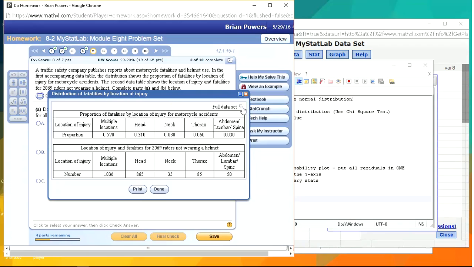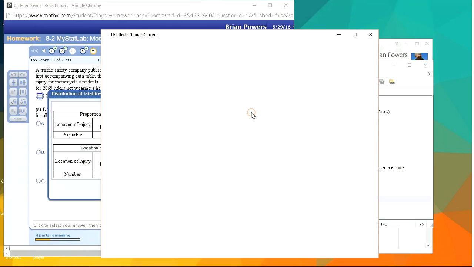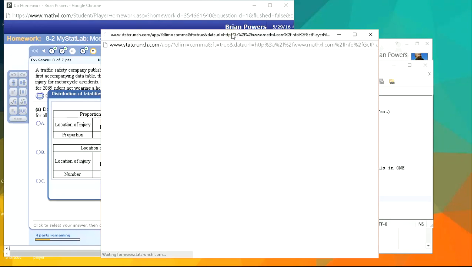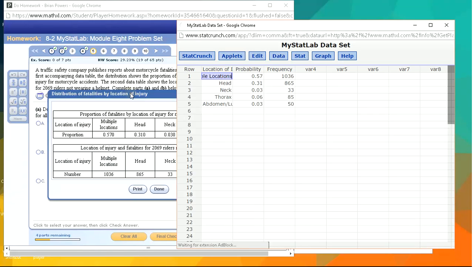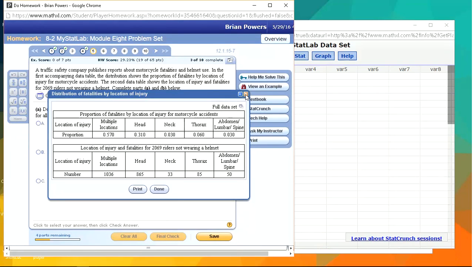Let's open the data set in StatCrunch and do some work on it.